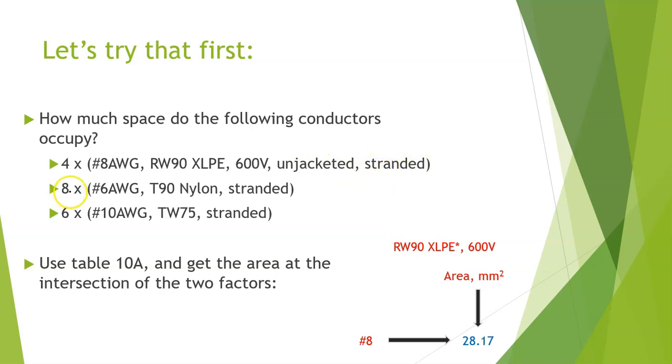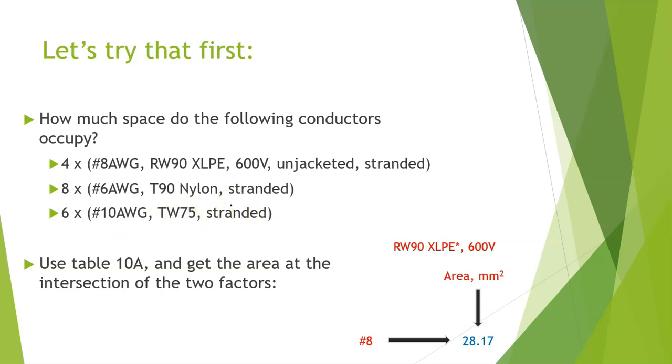Then you've got 8 number 6 conductors that are T90 insulation, nylon, and they're also stranded. And then you've got lastly 6 number 10s, and those are TW75, also stranded.